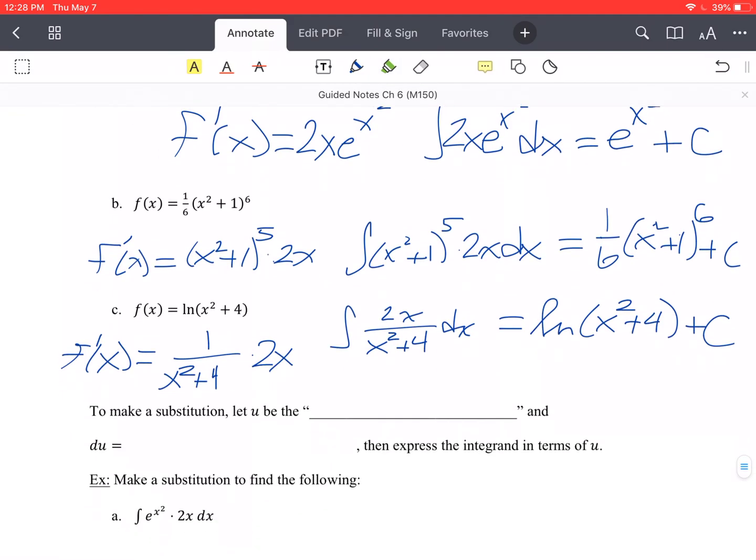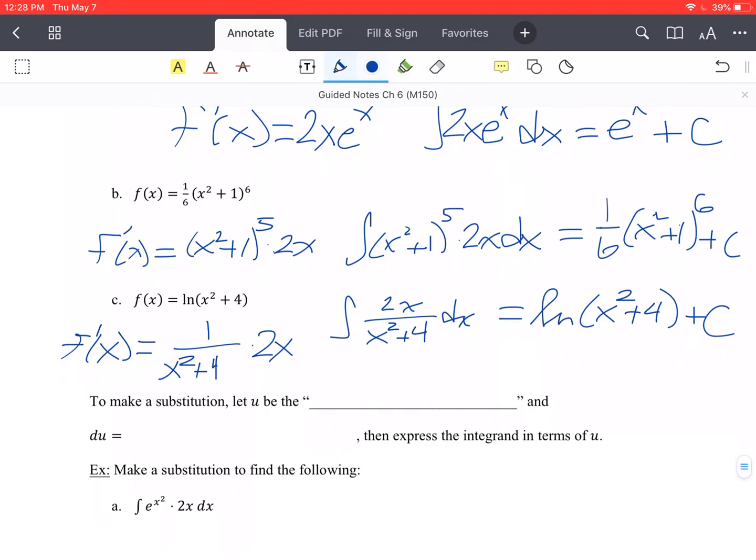So to make a substitution, let u be the inside function, and du is going to be u prime of x dx. Or if you want to write it in Leibniz notation, that would be du/dx dx.